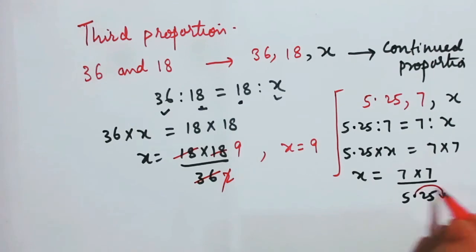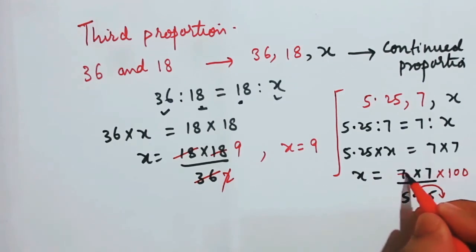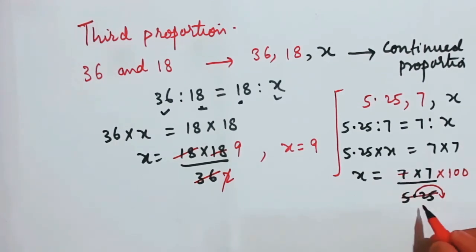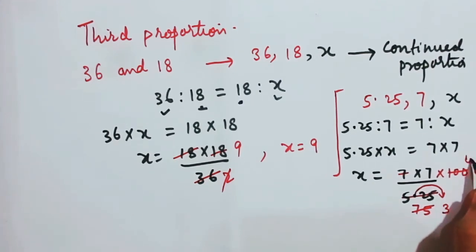So when you remove it, naturally you will have to multiply by 100 in the numerator. 7 sevens are 49. 7 5 times 35. 25 3 times and 25 4 times. So 7 4s are 28 by 3.